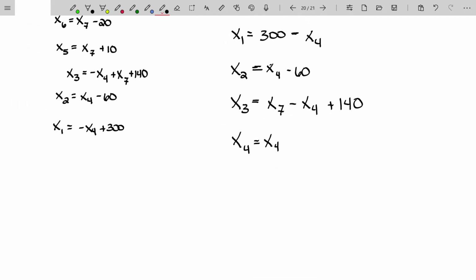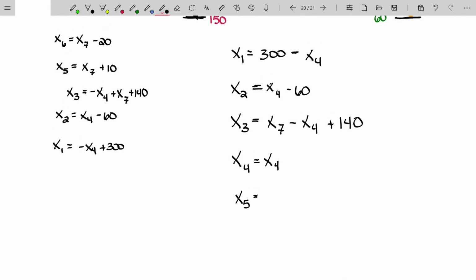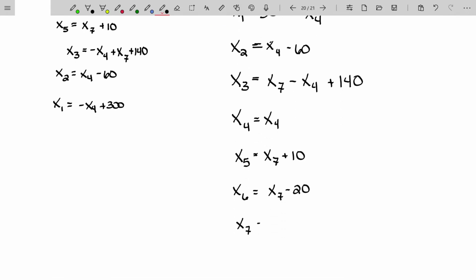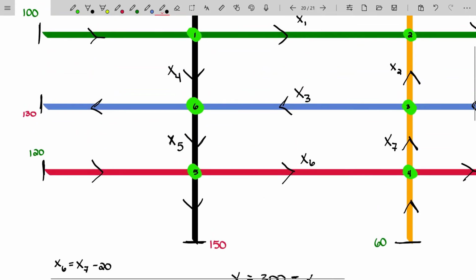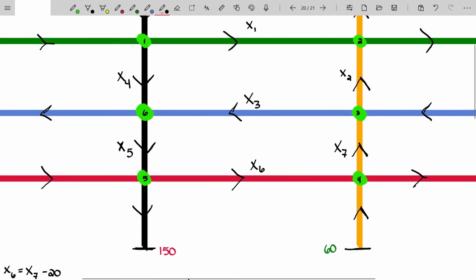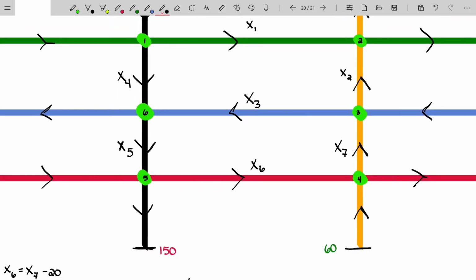See, x sub 5, according to our data, is x sub 7 plus 10, and x sub 6, according to our analysis, is x sub 7 minus 20. But we will need a traffic strip also on street x sub 7, which is Orange Street between red and blue. So in the end, we'll need 2 more traffic strips.